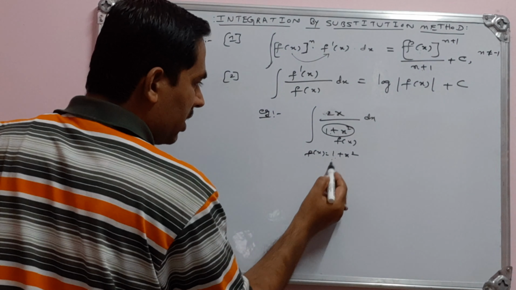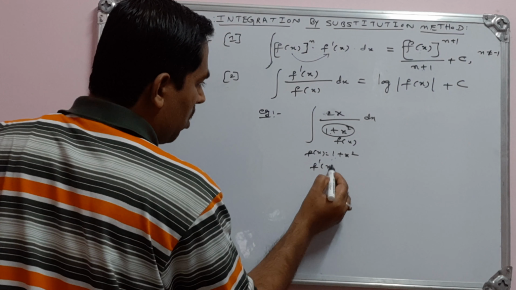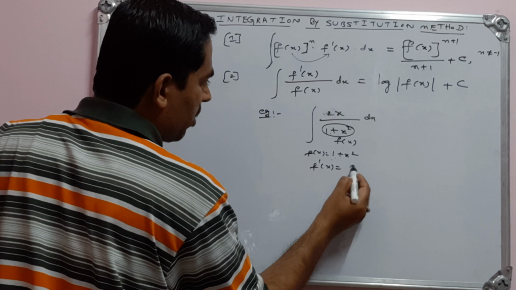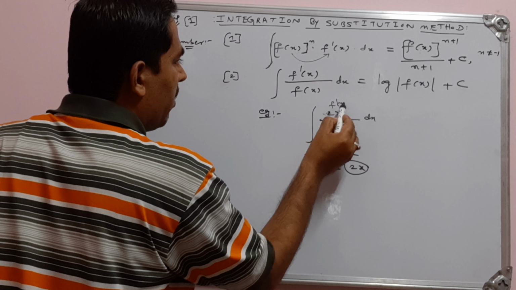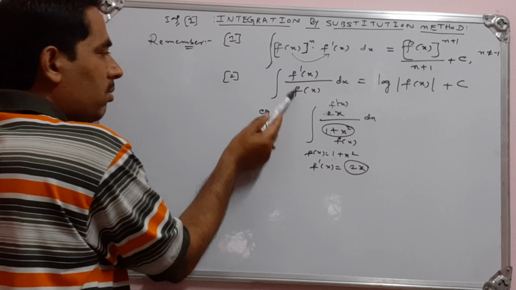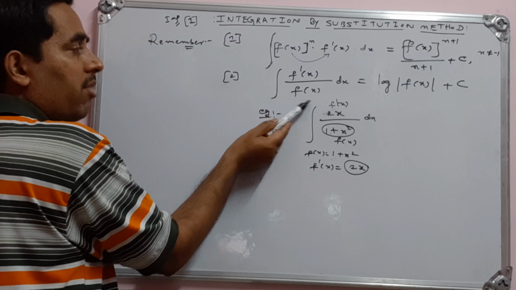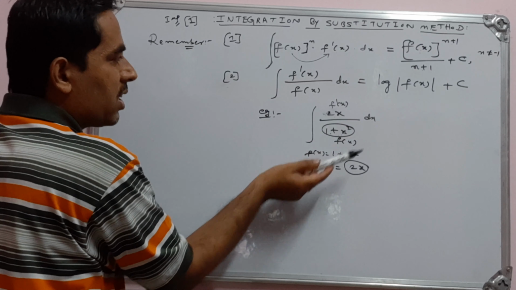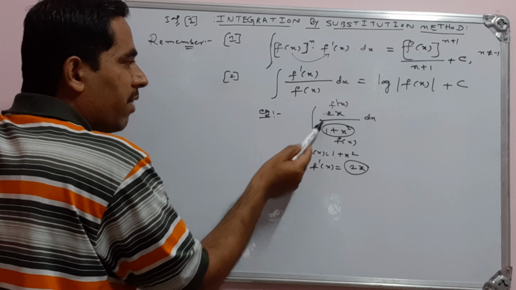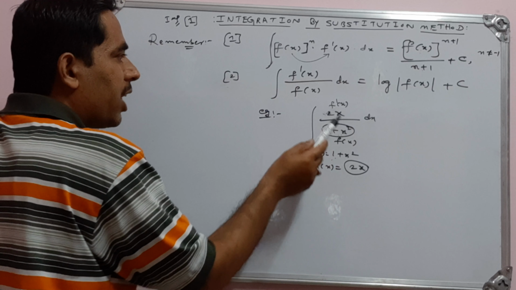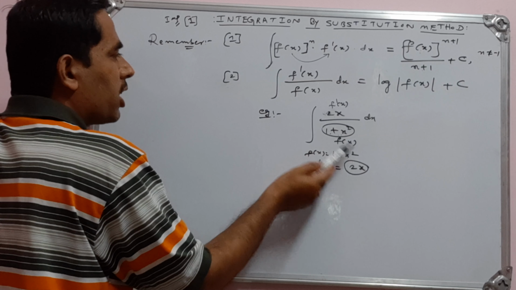If I differentiate it, the derivative of 1 is 0 and the derivative of x square is 2x. So 2x, the numerator, is the derivative of the denominator. Whatever the denominator is, if I differentiate it and get the numerator, this form applies.